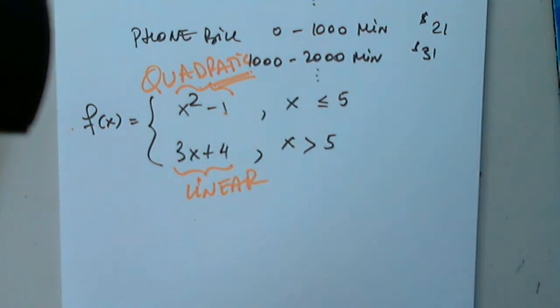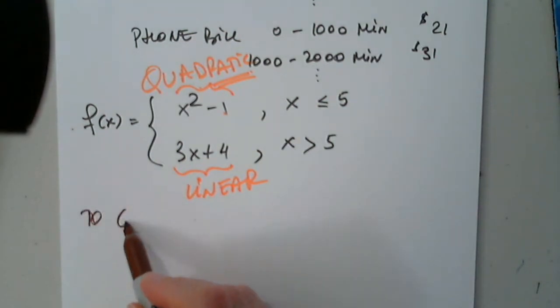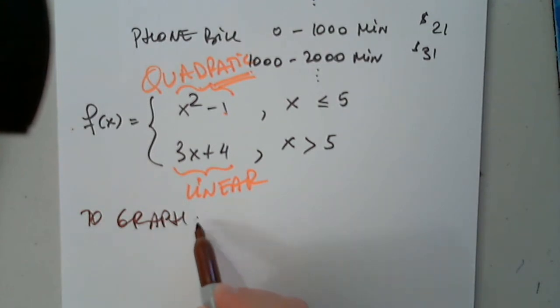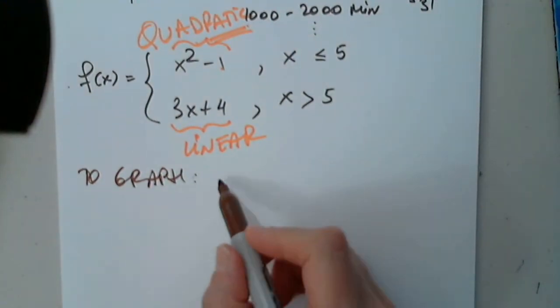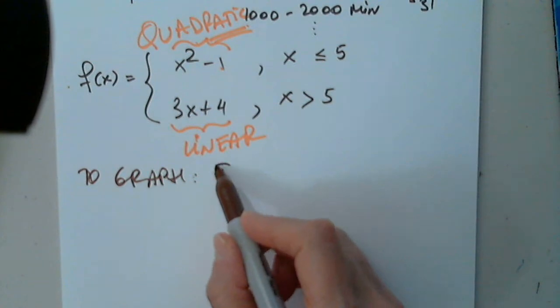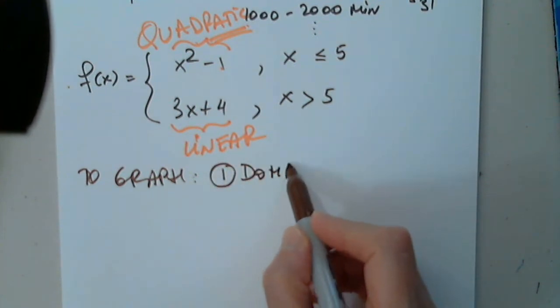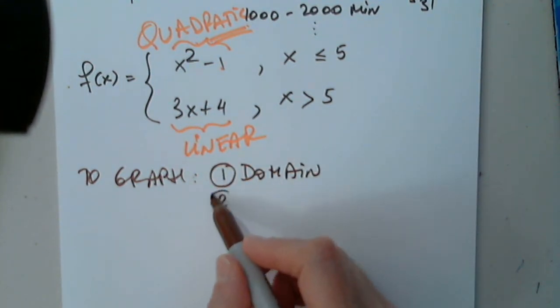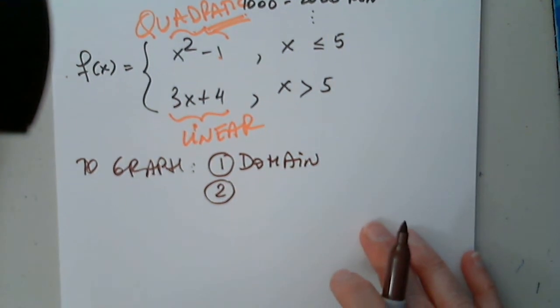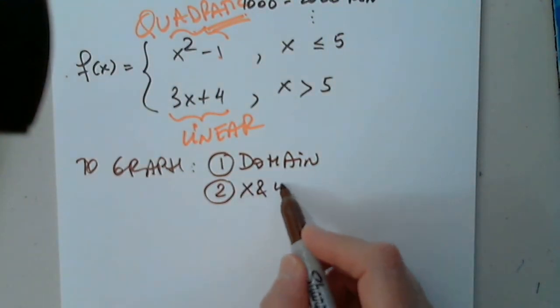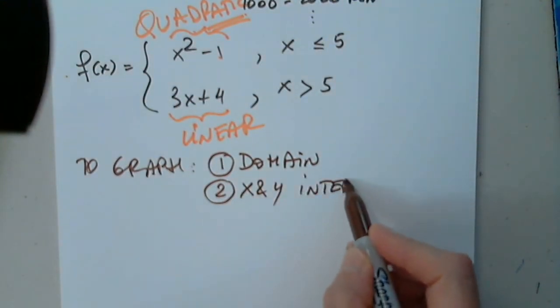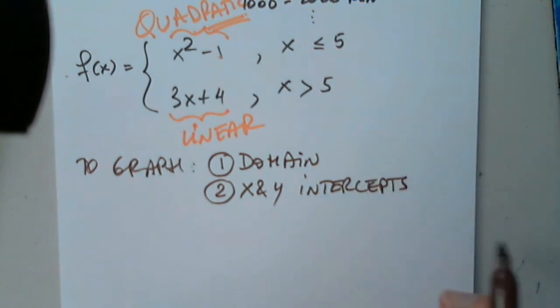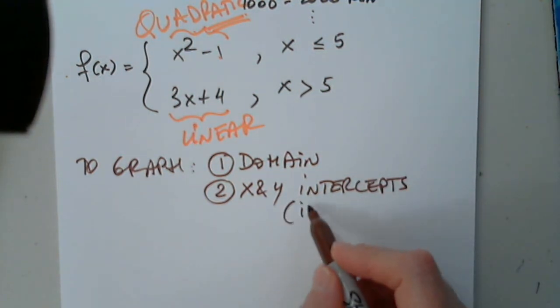Thank you. Okay. So every time we're asked to graph a function, we need to go through the following steps. Number one is domain. Always. Number two, x and y intercepts, of course, if they exist.